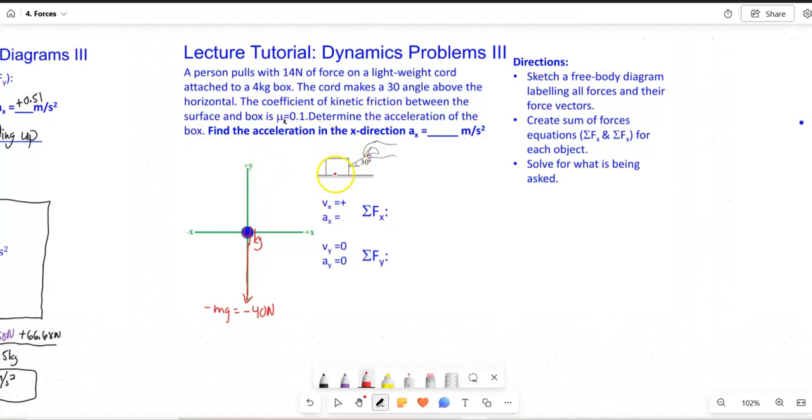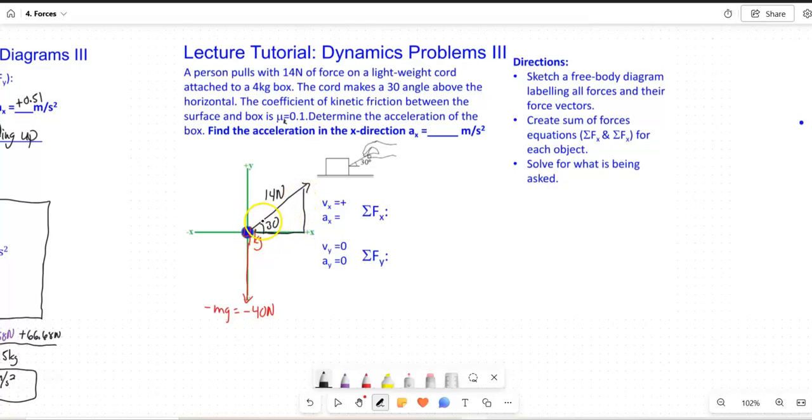Now it says from the picture the person is pulling it with 14 newtons of force. So what's physically touching the box is this rope and the surface. So the rope is pulling with 14 newtons of force at an angle of 30 degrees. Well, while we're here, let's go ahead and make our triangle and break that diagonal into up and down and left and right.